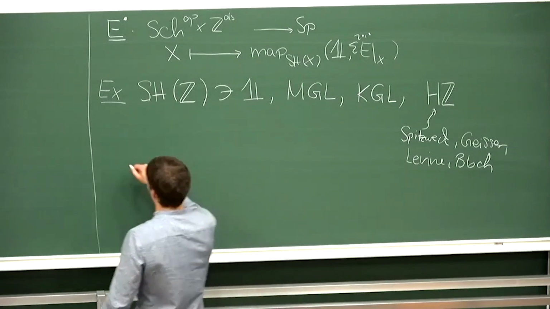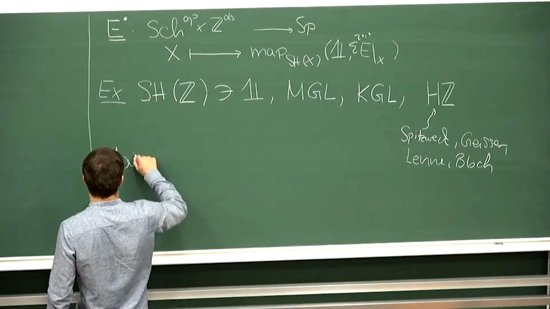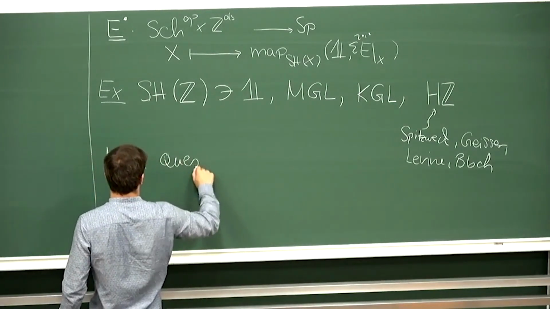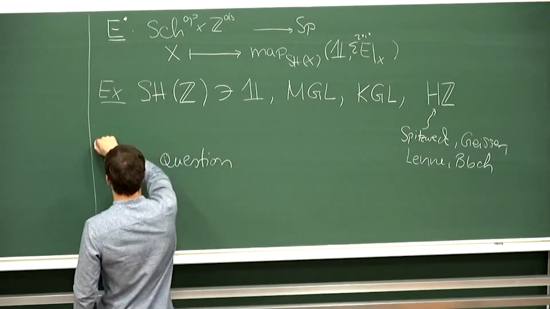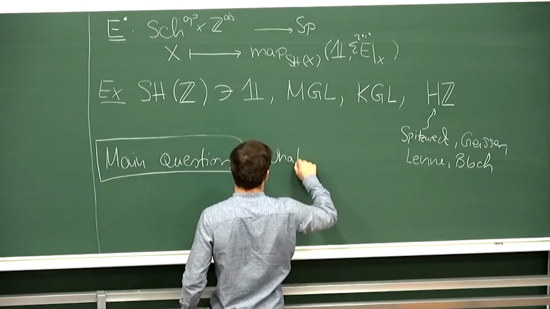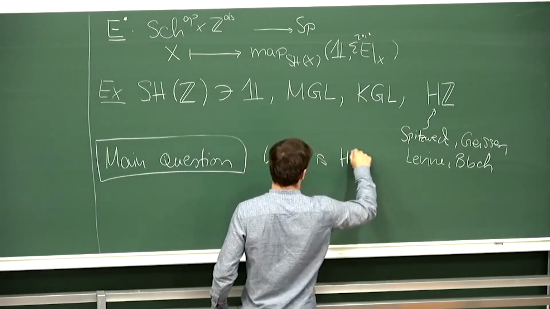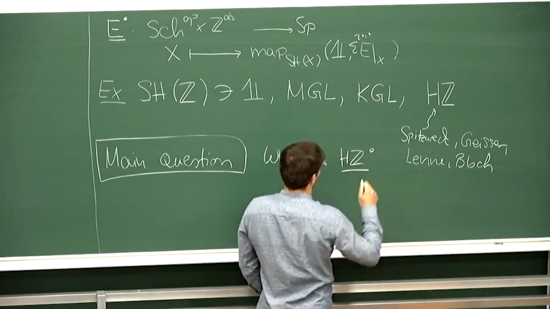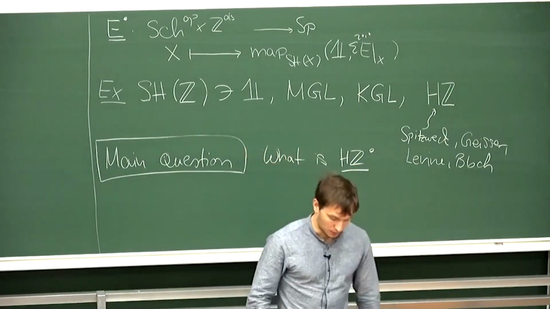Okay, so the main question is this. What is HZ underline bullet?